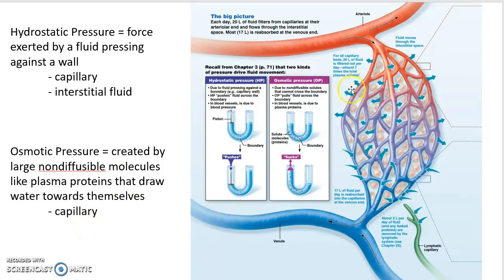There are no proteins floating around in the tissue space to pull water towards them. It is very important that we understand that these plasma proteins, like albumin that we talked about in the blood chapter, pull water towards them. If you can imagine blood flowing through here, those proteins never leave the bloodstream. They just continue this pattern, coming into the capillary bed and out. And because they never leave, it pulls water towards the venule end too.